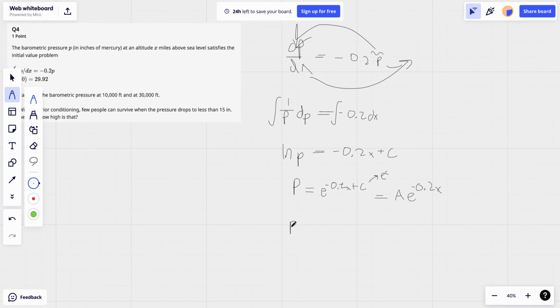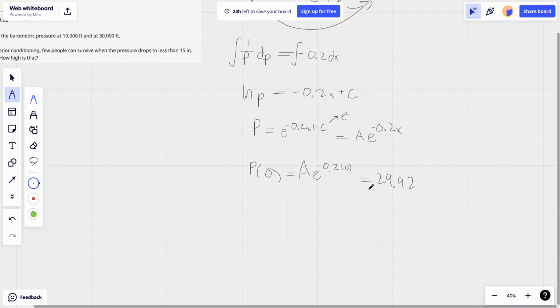So when we have p of 0, p of 0 equals A times e to the negative 0.2x, but x is 0 because of the initial parameter, and that is equal to 29.92. All right. And then here we can see that A is just going to be, since e to the 0 is 1, A is equal to 29.92.